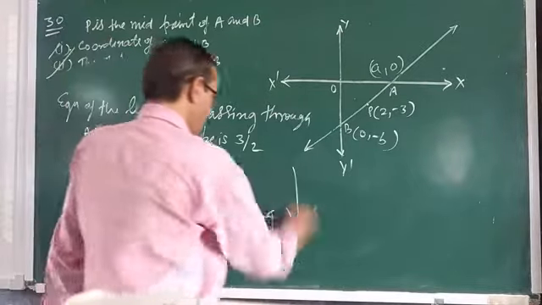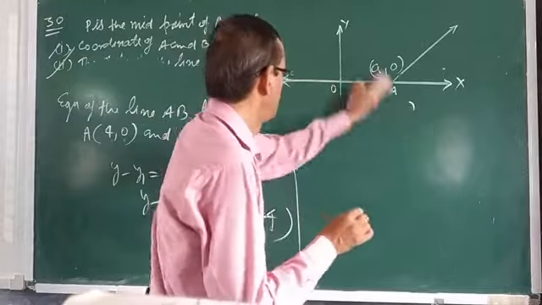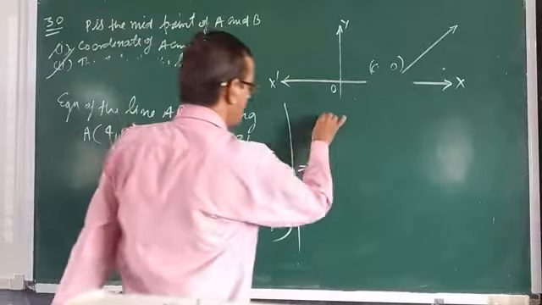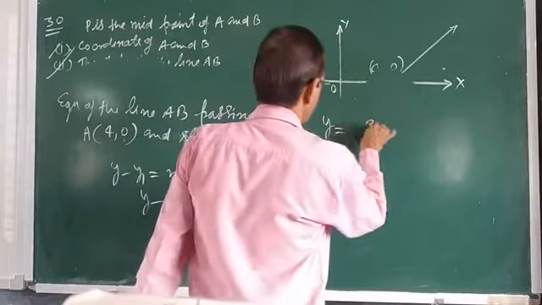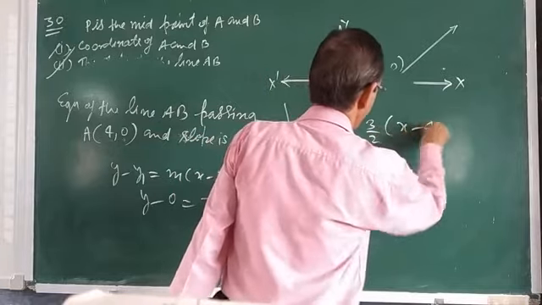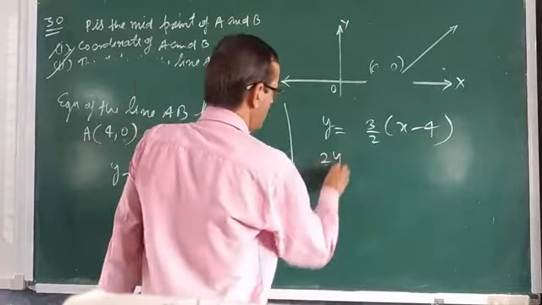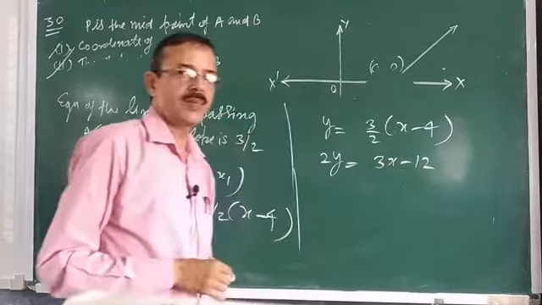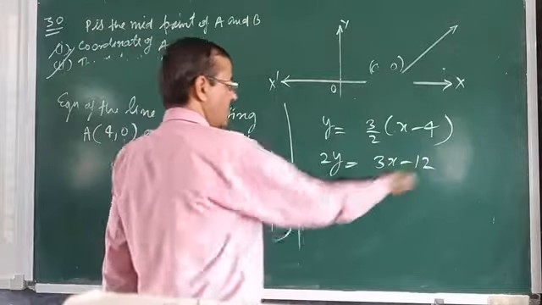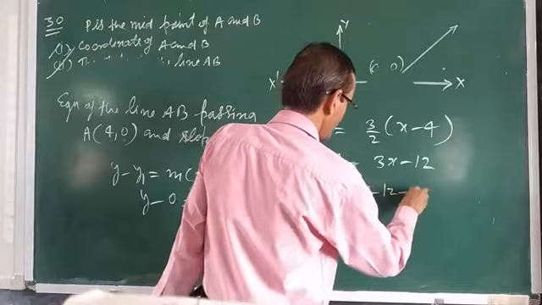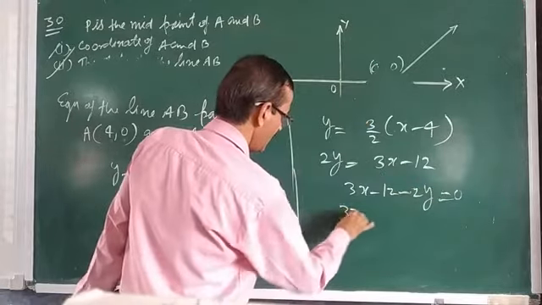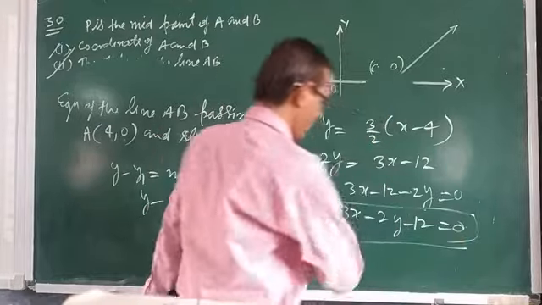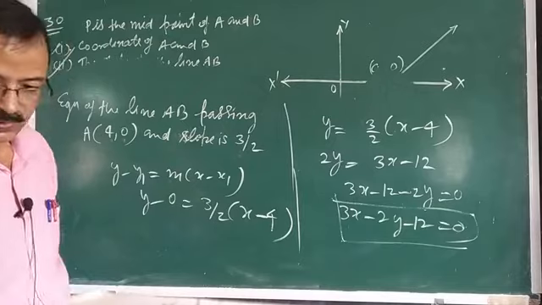Simplified, y is equal to 3/2 times x minus 4. Transposing the 2, 2y is equal to 3 times x minus 4, which is 3x minus 12 after opening the bracket. Now transposing, 3x minus 12 minus 2y is equal to 0, or we can write 3x minus 2y minus 12 is equal to 0. I hope this is the correct result.